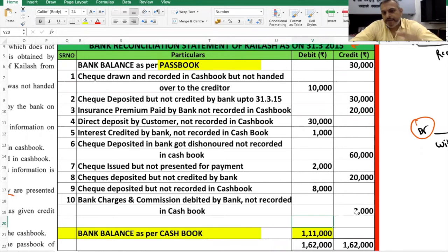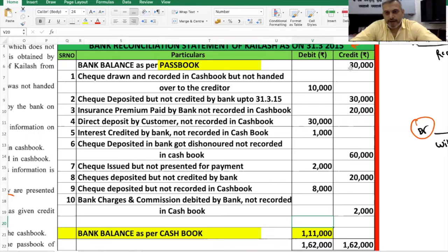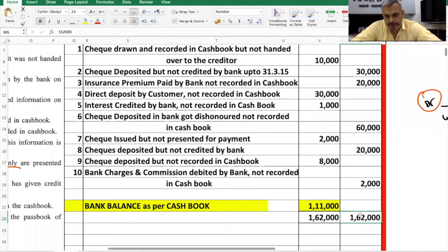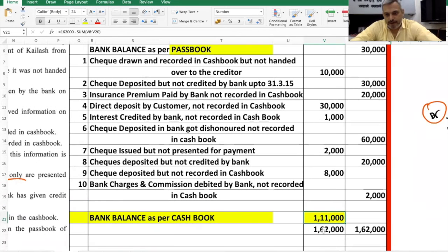Once again, I'll repeat the balancing part. You have to see which side is more. So over here your credit side is more. So you did the total. You wrote 1,62,000 on the credit side. Then the same thing you write on the debit side. But you can see that 1,11,000 was not written, so its total can't be 1,62,000. So we have to find the balancing amount. So the formula is, from 1,62,000 you have to subtract all these, that is 51,000.